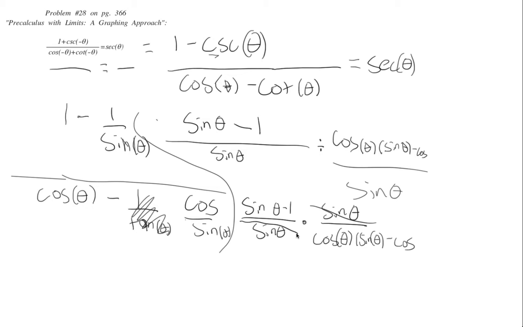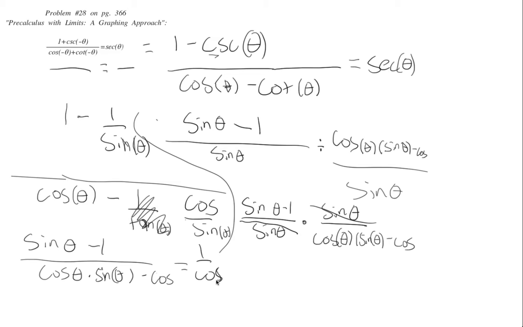What we're left with is sine of theta minus 1 over cosine of theta times sine of theta minus cosine equals, because we know that secant is 1 over cosine, we can just write it as 1 over cosine.